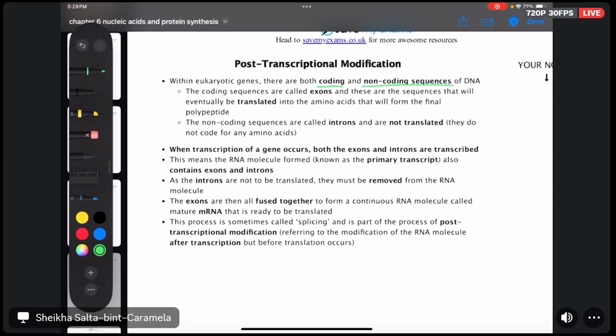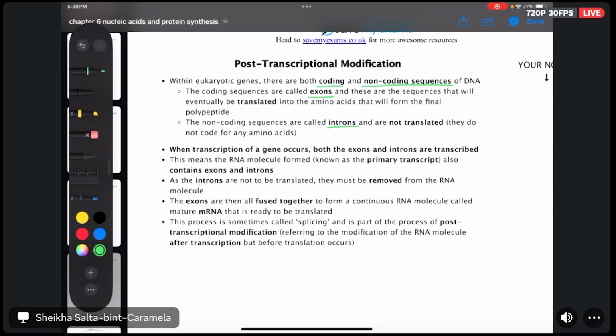Coding sequences are called exons, and these are what are eventually translated into amino acids to form the polypeptide chain. But the non-coding sequences are called introns, and these are not translated. So during this process, the introns are removed and the exons remain to be used in translation.